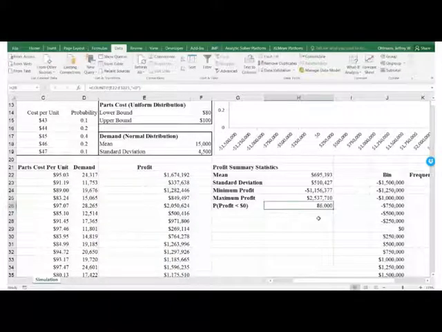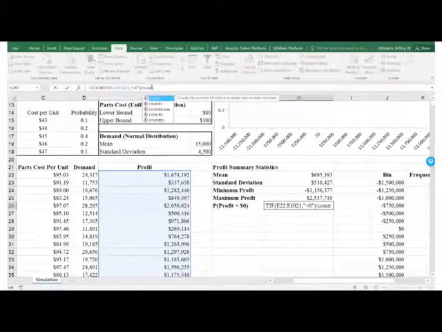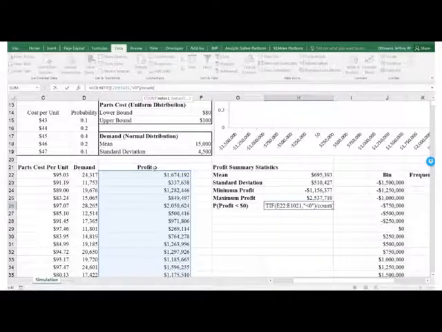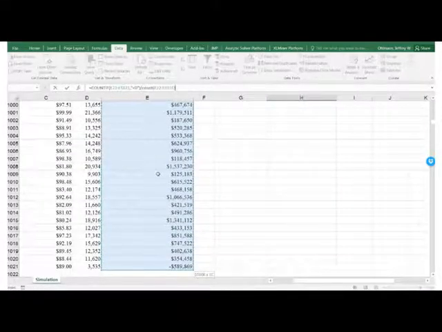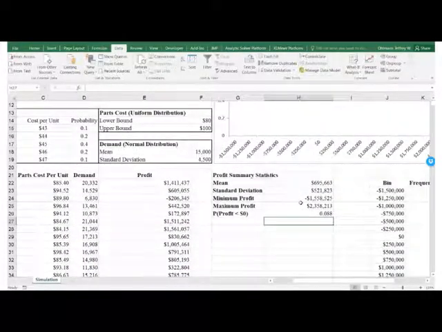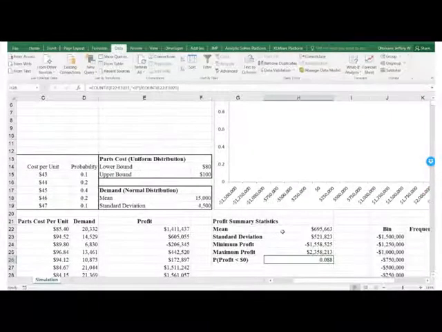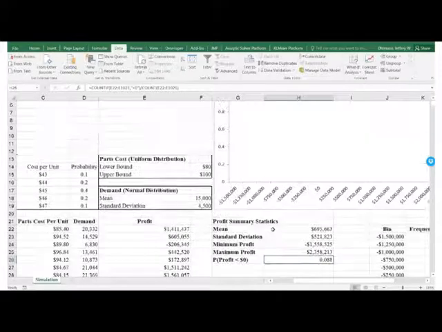And so we get 86 instances out of 1,000 where the profit was negative. To convert that to a probability, we just divide that by the total number of instances, which we know is 1,000, but we can also compute by using the count function. So we see here there is roughly an 8.6% chance of profit being less than 0 based off this simulation.